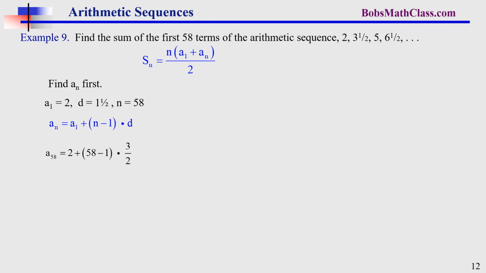1.5 is the same as 3 over 2, or you could use 1.5 in your calculator. Type that all into your calculator and you should get 175 over 2. If you want to change that to a mixed number, it's also 87 and a half, or 87.5.